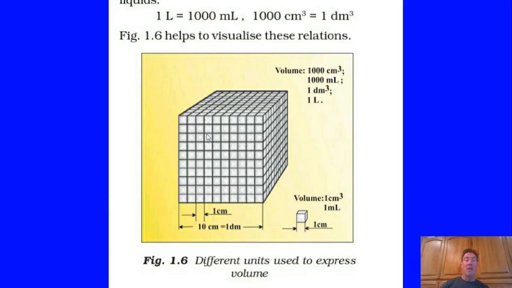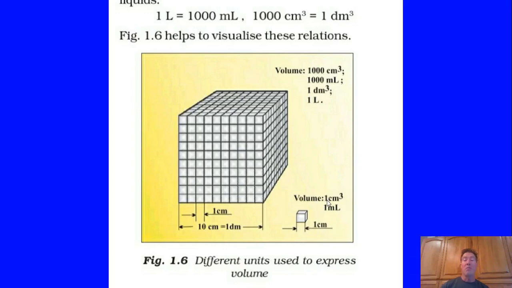So this volume here is a liter. It's also 1,000 milliliters, and it's also 1,000 cubic centimeters. And this is a relationship I really want to point out to you. You will need this a lot.